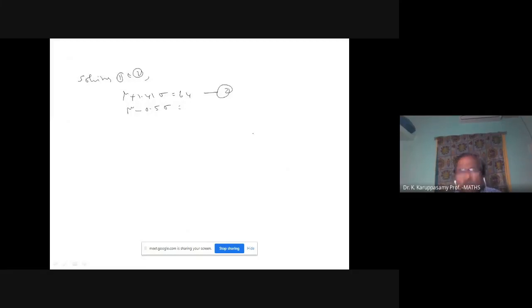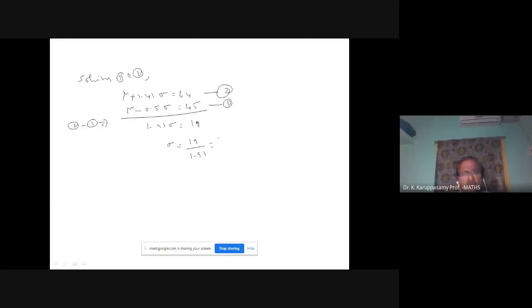Now you subtract 2 minus 1. Then 1.91 sigma is equal to 19. Sigma equals 19 divided by 1.91.